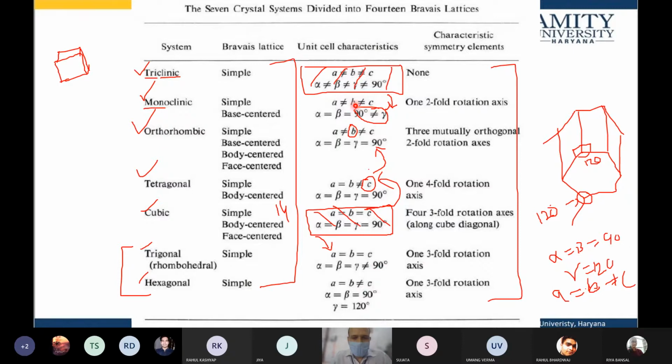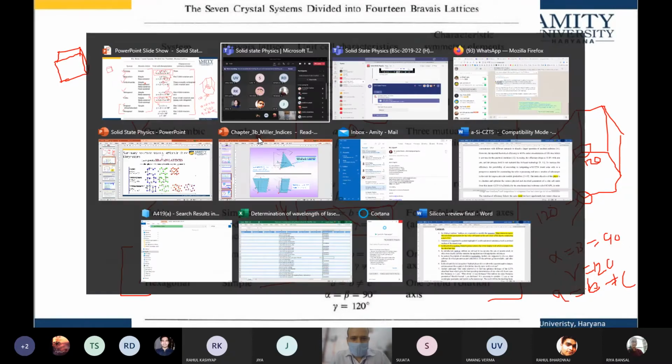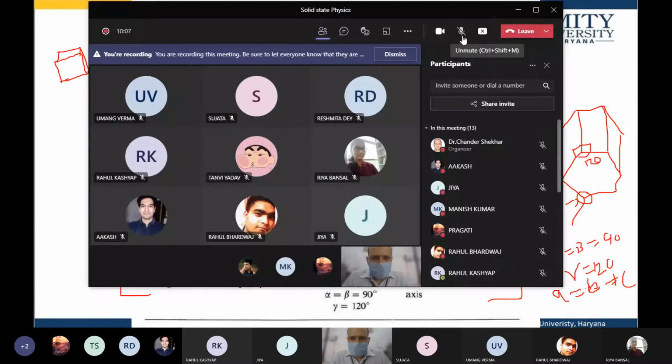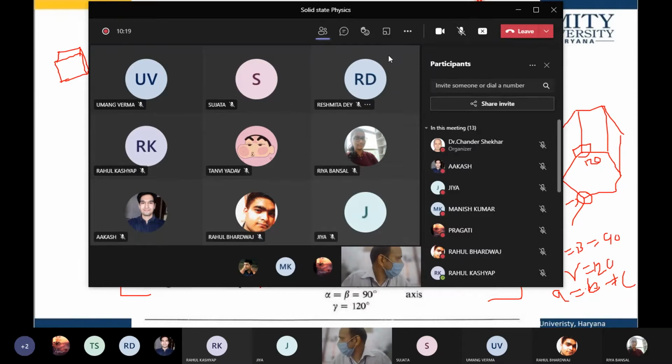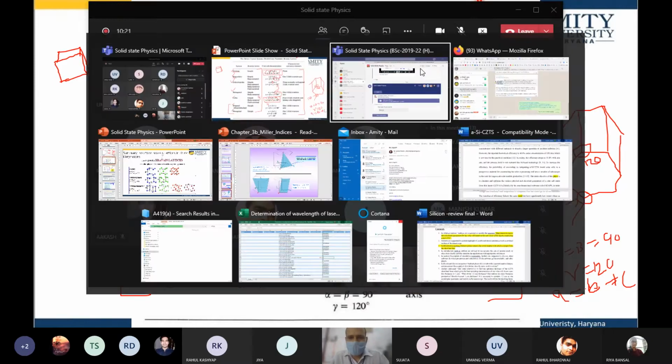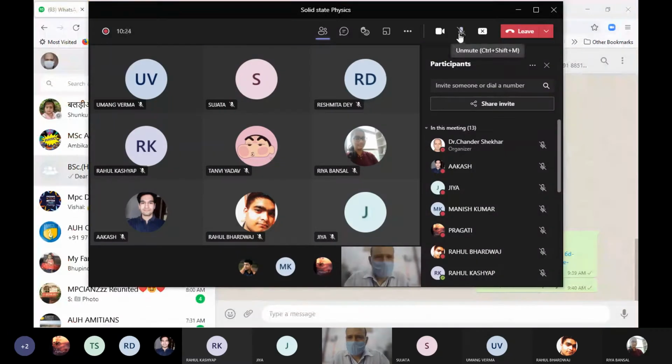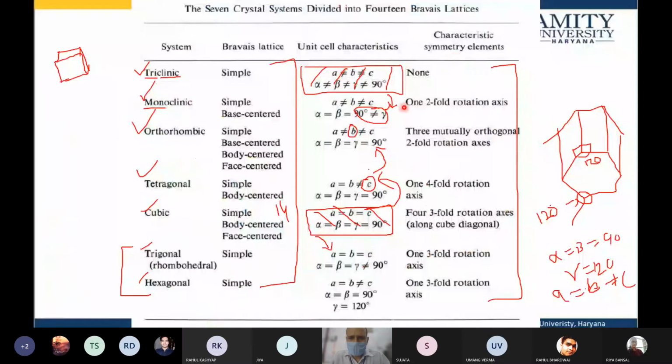And from the triclinic, in the triclinic, we have A not equal to B not equal to C. Initially all the parameters are unequal.